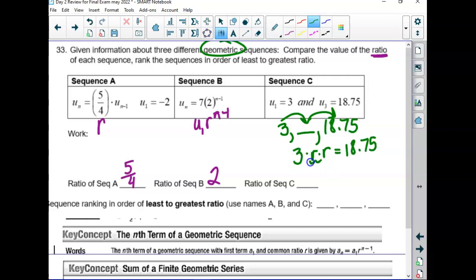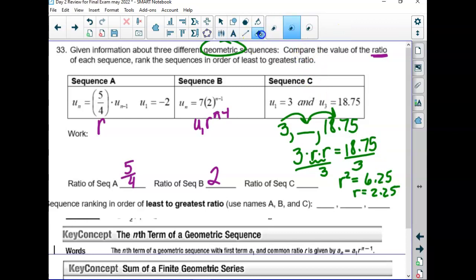Well, this is really an R squared, yes. So we would divide by 3. And we'd have R squared equals 6.25. And if you square root that, you get 2.25. 2.5, right? Okay, thank you. Yes, I'm wrong.